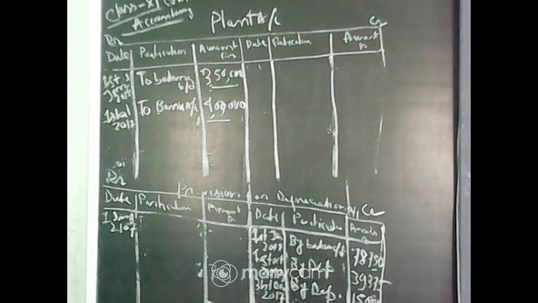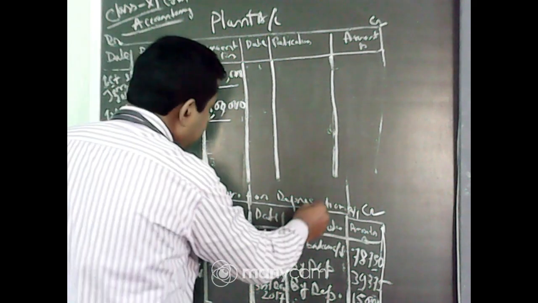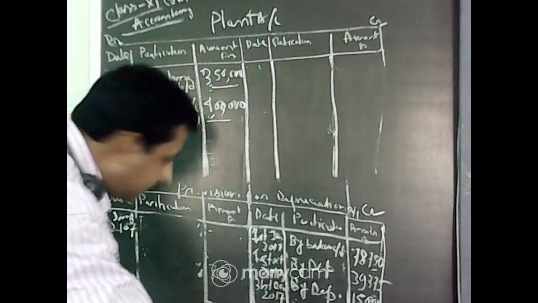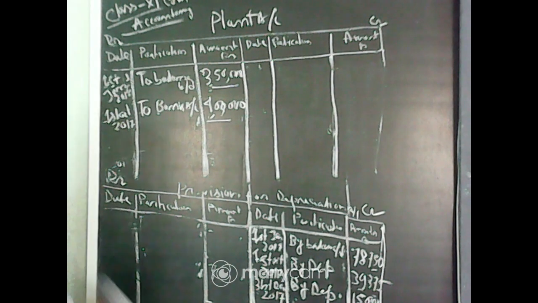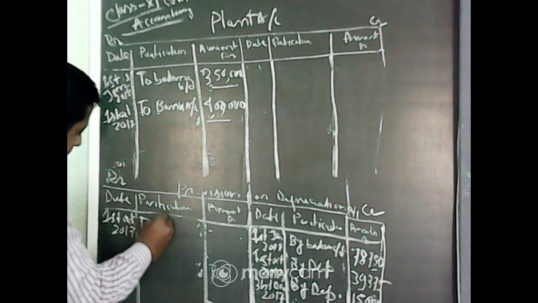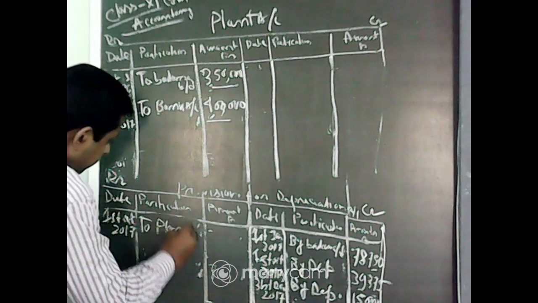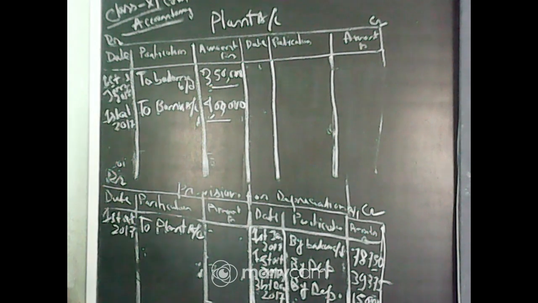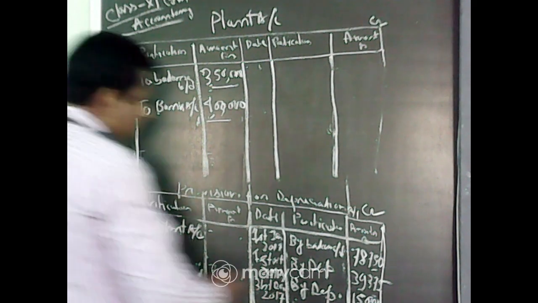Then what entry you have to pass? Now provision for depreciation account debit to plant account, that is 1st October 2017. Now which depreciation will we transfer to plant account?